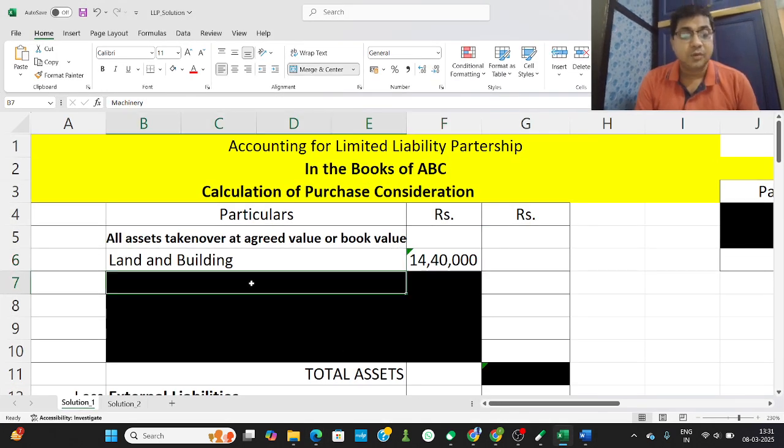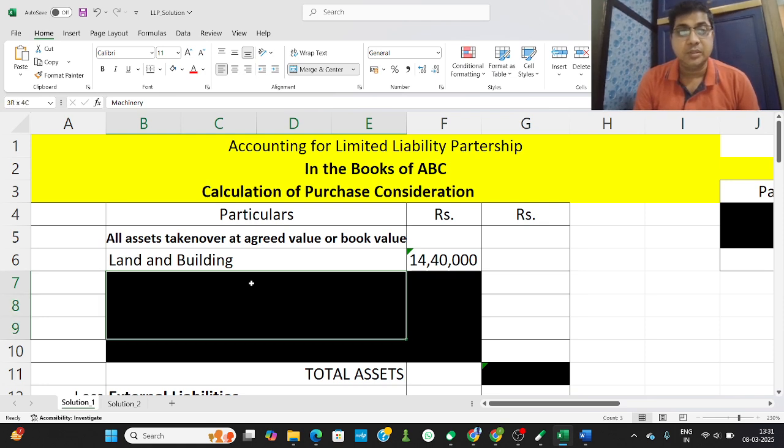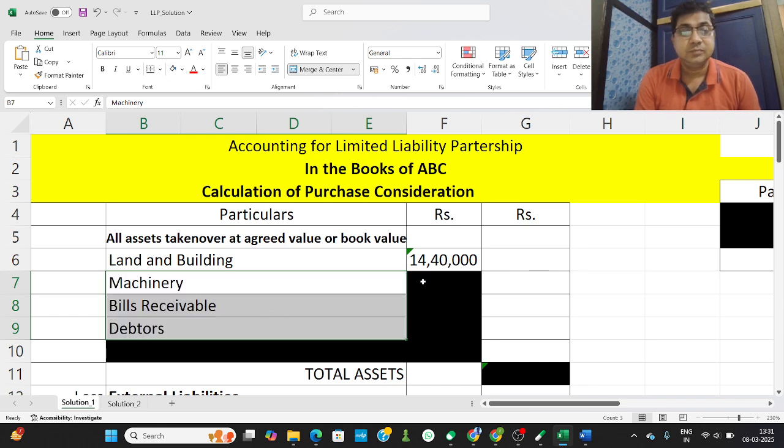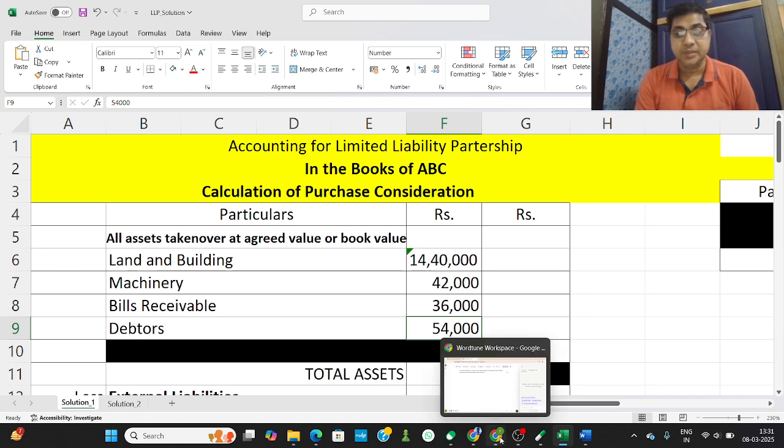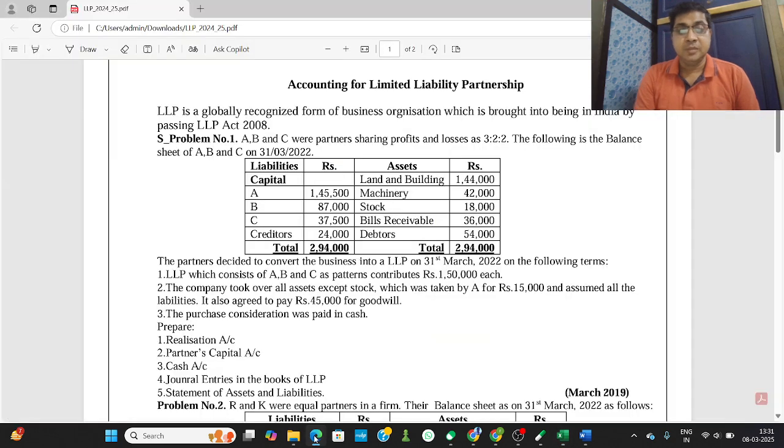So here we have to put all the assets. Machinery amount 42,000, bills receivable 36,000, debtors 54,000. All amounts we record, except that we will not consider the stock.